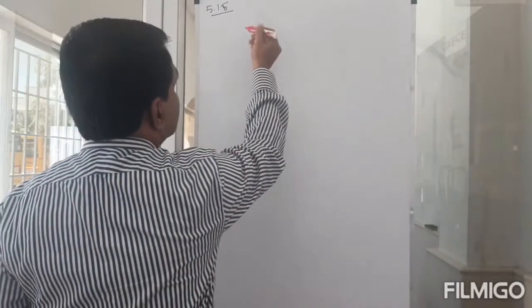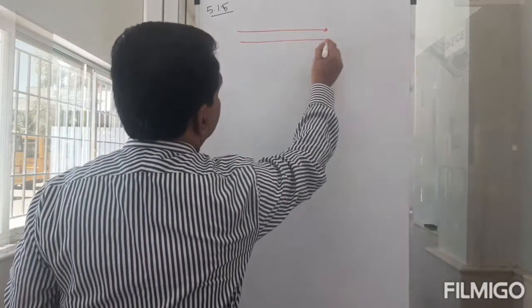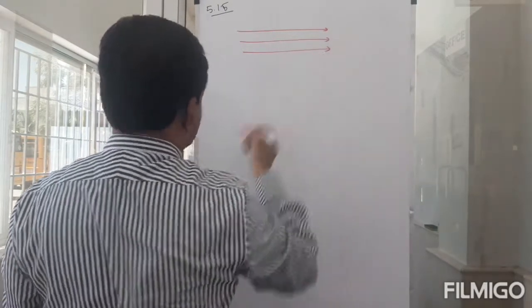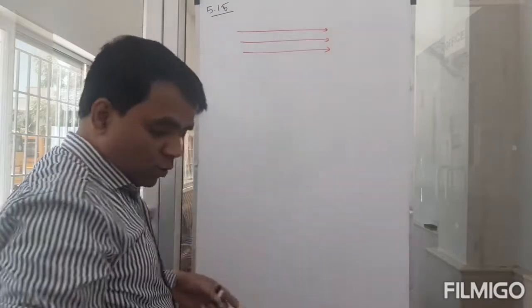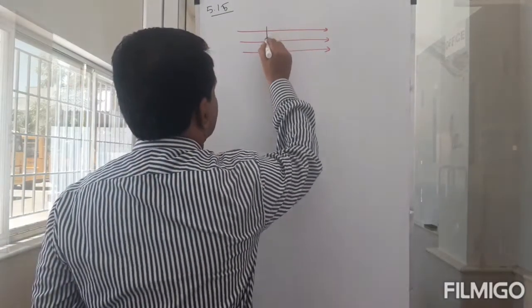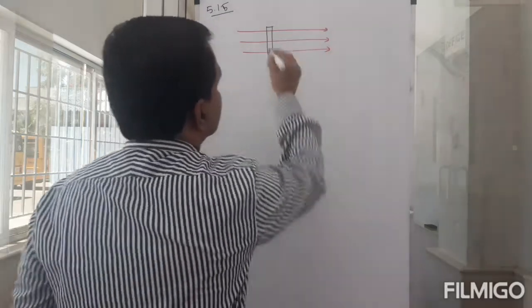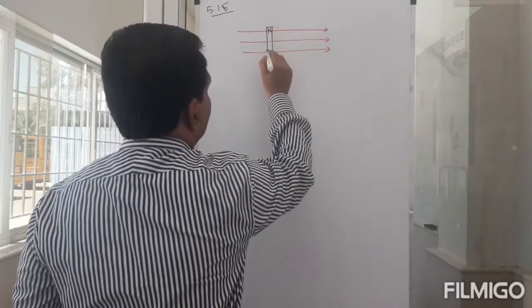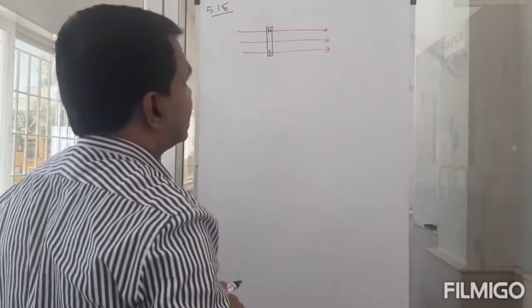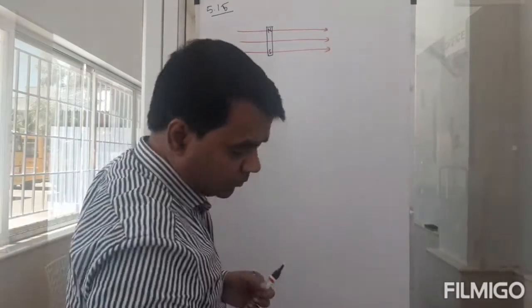So let's say this is the Earth's magnetic field. It's in this direction. Now what is happening is you are keeping a bar magnet with its axis perpendicular to the Earth's magnetic field. This is north, this is south of this.